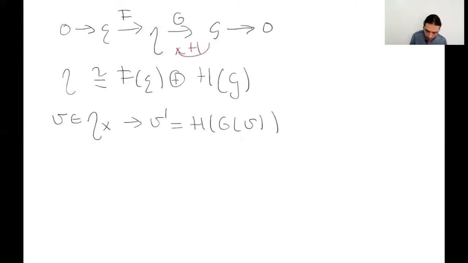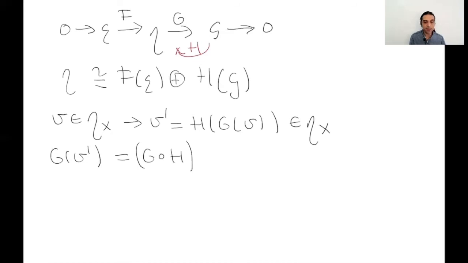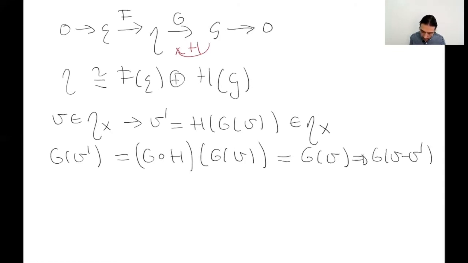So this vector over here belongs to eta x. And we can calculate the value of b prime by G, right? This is going to be the image by the composition of H and G of G of b. But the composition of H and G is the identity, so this is G of b. So what we get in this way is that b minus b prime is actually in the kernel of G.